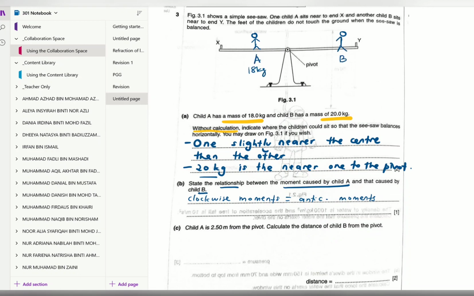So this is easy, you know the relationship, you write down the formula based on the relationship. So write down the formula.